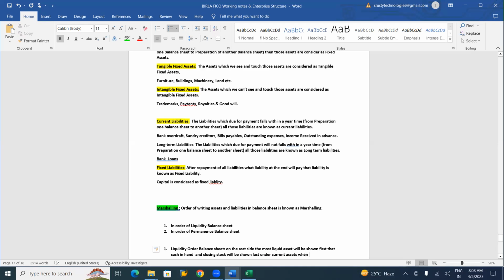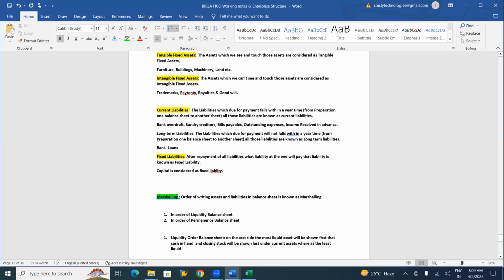Whereas the least liquid asset, that is goodwill, will be shown last under fixed assets.